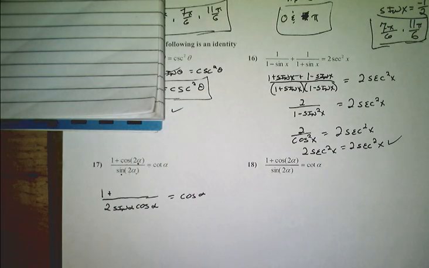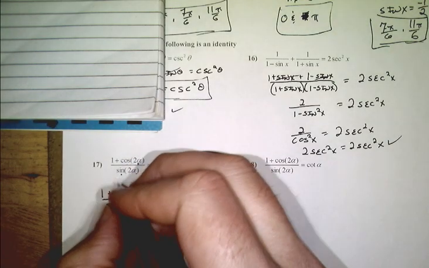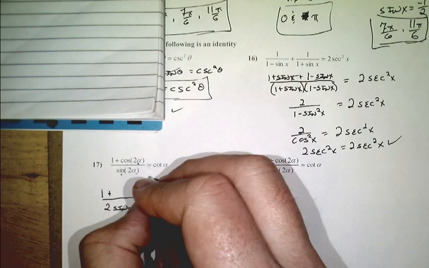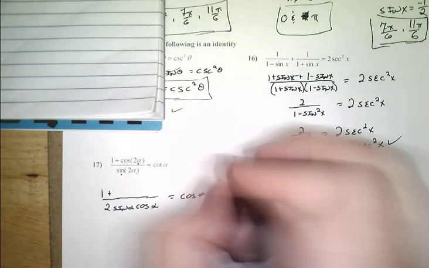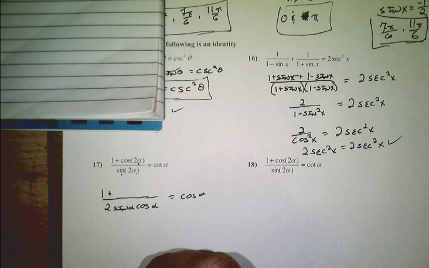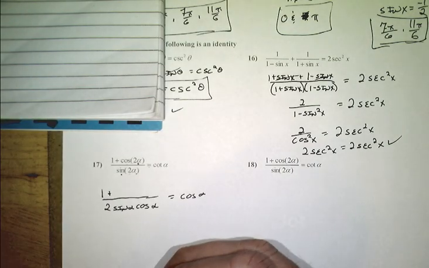What is that? Hold on, I can dig this out of my brain. It's going to be cosine squared minus sine squared. It's been a long time since I actually memorized these. Cosine squared alpha minus sine squared alpha.